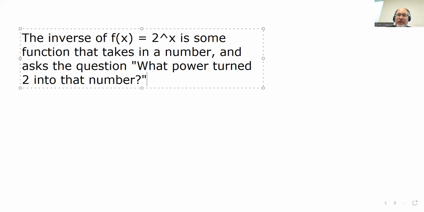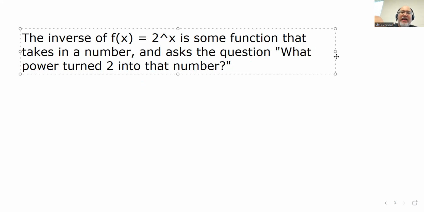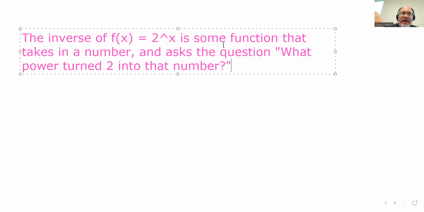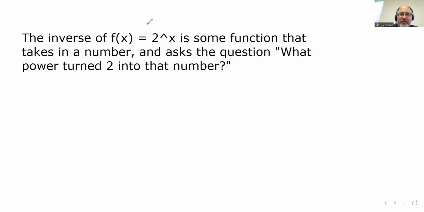So for example, if we were still using the same function, f of x equals 2 to the x power, and I asked you what is f inverse of 32.